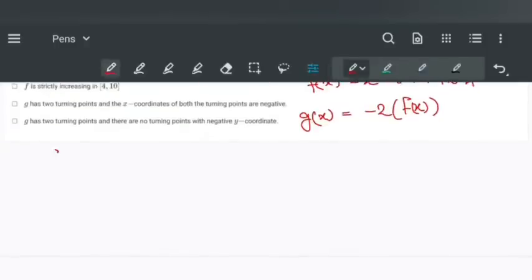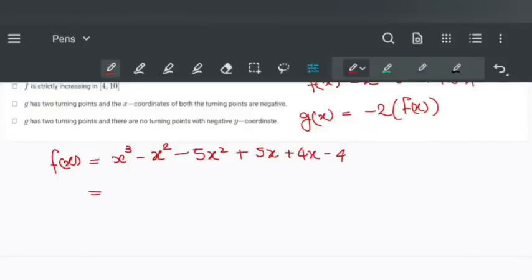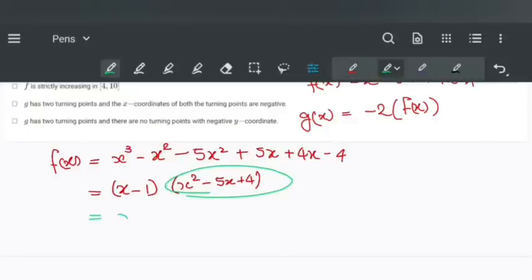So f of x is equal to x cube minus x square minus 5x square plus 5x plus 4x minus 4. By this we get that x minus 1 is common and x square minus 5x plus 4 is the second part. On factorizing the second part, we get x minus 1 and x minus 4.